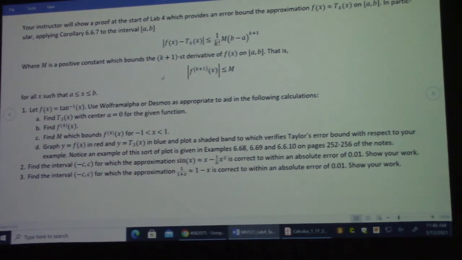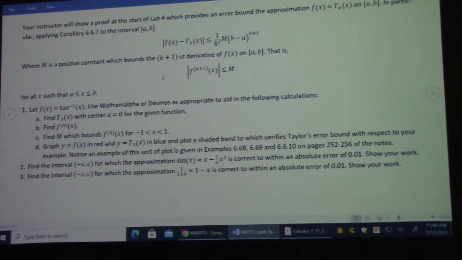So number 1, I want you to figure out what is the third order Taylor polynomial for inverse tangent. So part A, you need to find T3. Then I want you to find the 4th derivative. Then I'm going to want you to find a bound for the 4th derivative.